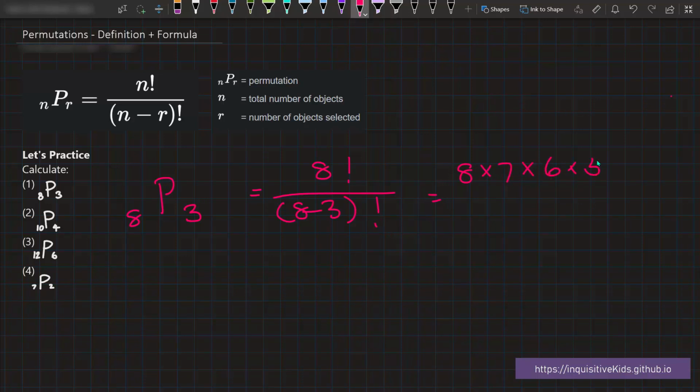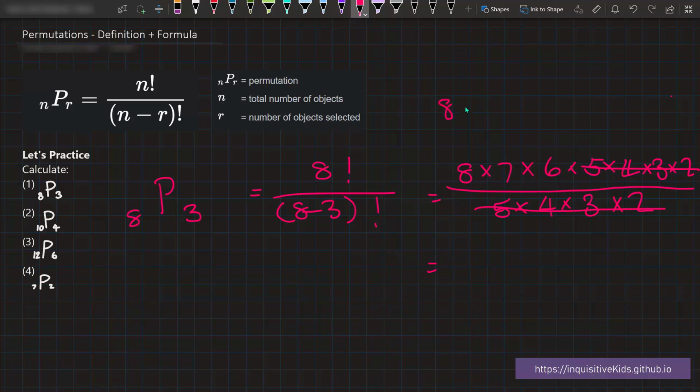So I'm going to write this out in expanded form so it's easier to calculate, and I'll just omit the 1 because the 1 doesn't really do anything. And on the bottom we have 5 times 4 times 3 times 2. As you can see, the top and the bottom can cancel out, giving us just 8 times 7 times 6.